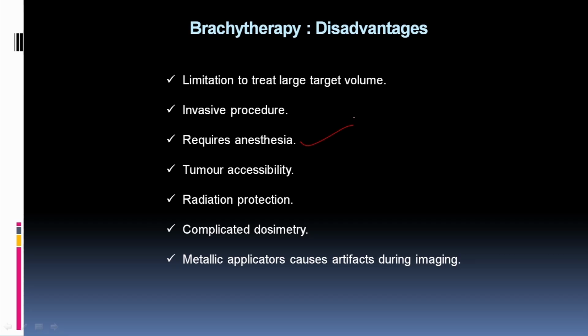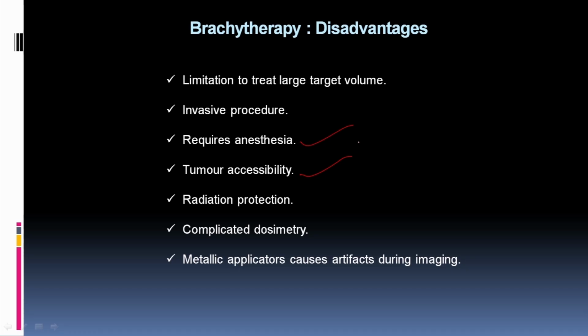Tumor accessibility is very much needed for brachytherapy. We need to visualize it by means of palpation, or by means of a surgical procedure, or by means of our radiological imaging system. Sometimes tumor accessibility is compromised for treatment, and this is a limitation of brachytherapy.